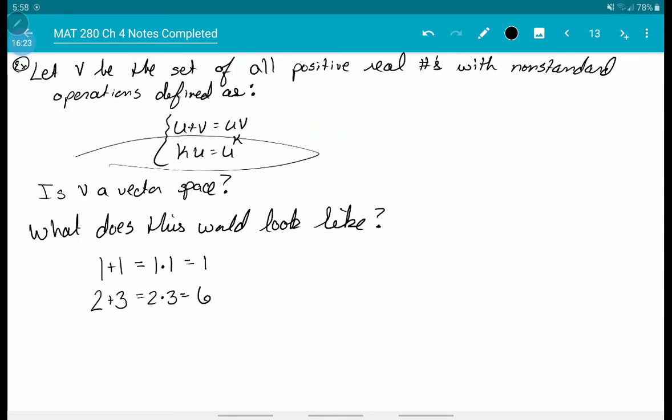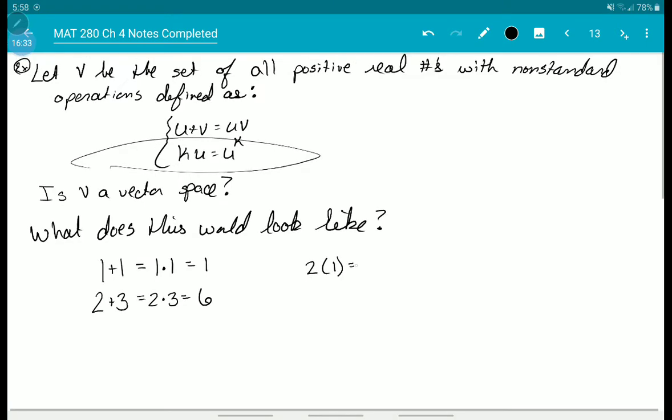Now let's look at that scalar multiplication definition. If I take 2 times 1, notice the k is the first number. So this is going to be our u, which is 1 to the k. So I'm going to get 1.